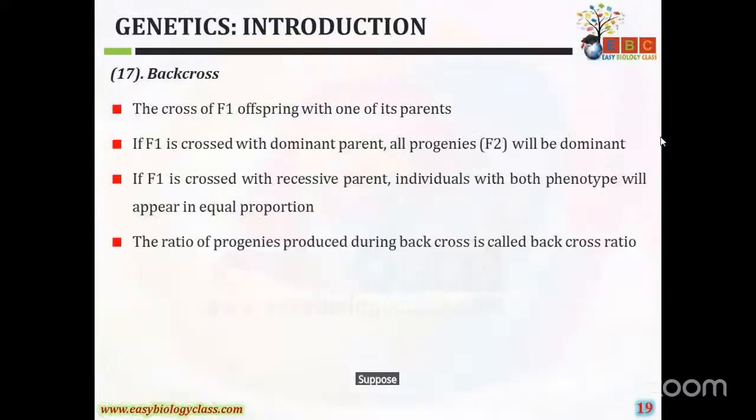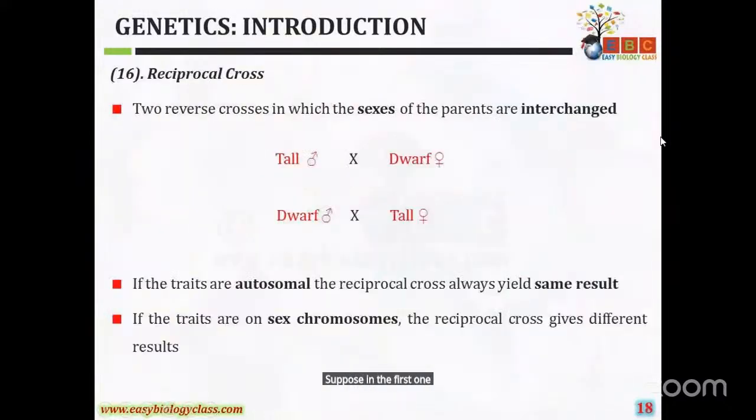Suppose in the first one that I taught, it is the tall male that we cross with a dwarf female. These are the symbols representing male and female. Look at them very well. So whenever you see a symbol like this, it represents a male. And when you see a symbol like this, it represents a female. So that is the symbol.